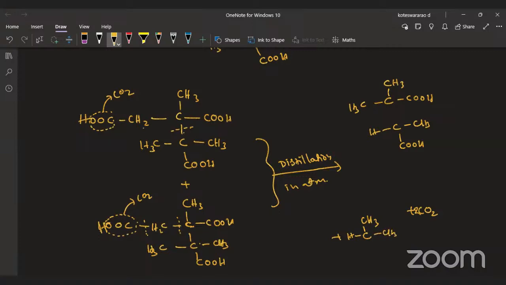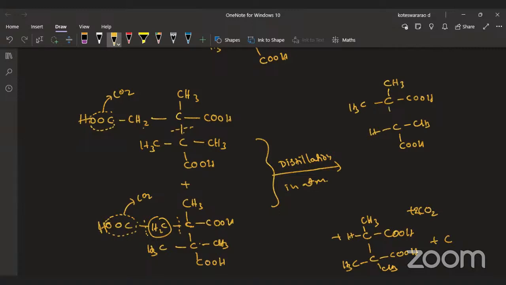Now this leads to the formation of trimethyl, COH, CH3, CH3. Now here there is a CH2 group, which releases the carbon. The two hydrogens are here.